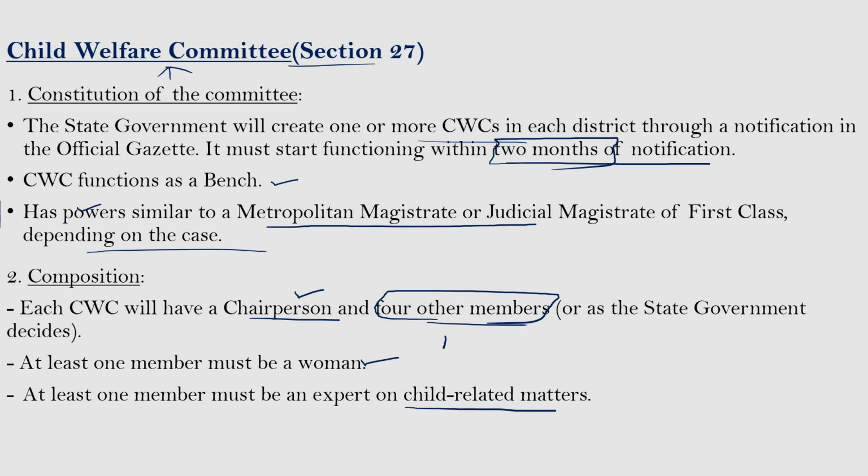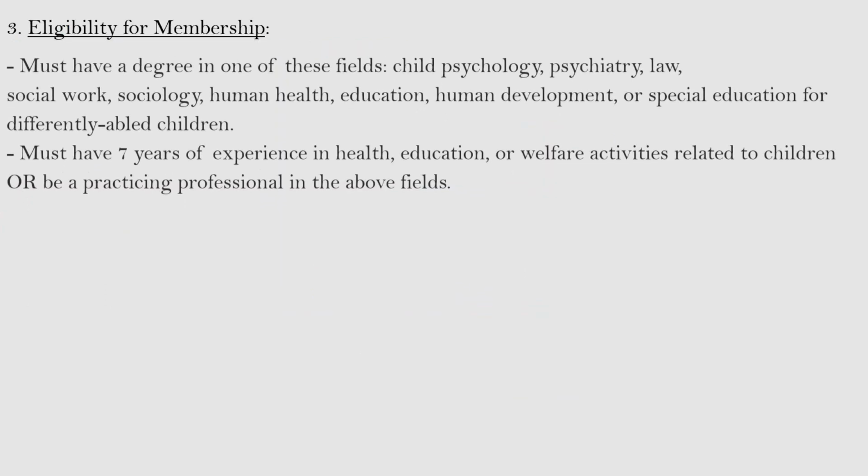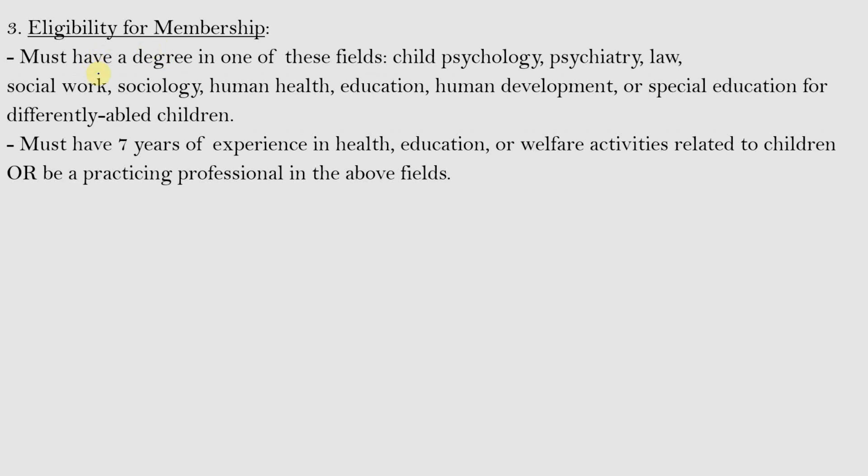So how can one be a member of the committee? The eligibility for membership in the Child Welfare Committee is that a person shall have a degree in one of these fields: child psychology, psychiatry, law, social work, sociology, human health, education, human development, or special education for differently abled child.